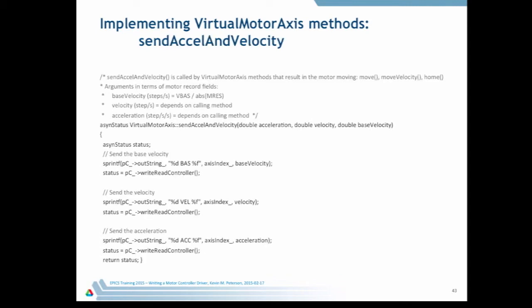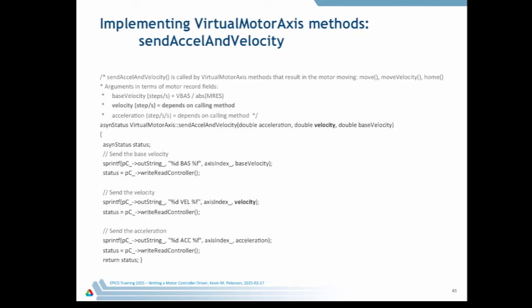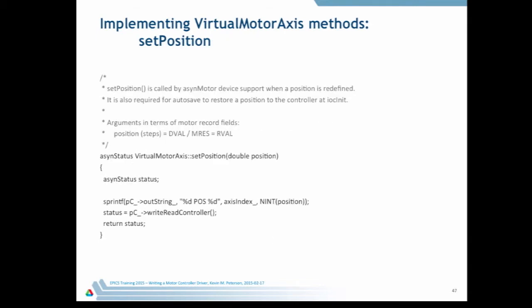This is what it looks like for the virtual motor controller. So base velocity is almost always the same, and broken slides. Your velocity is different, and we will see that on the next few slides, depending on what called send accel and velocity, and same with acceleration.